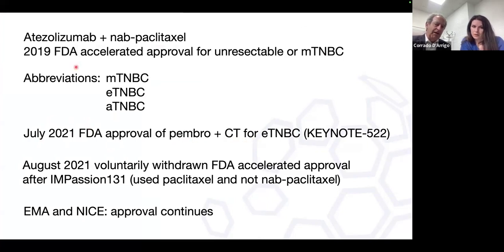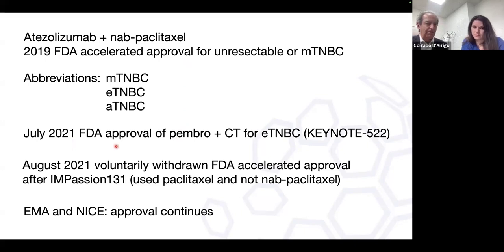But while the approval for Atezo in 2019 was an accelerated approval, they kind of jumped some obstacles doing that. They approved this in accelerated setting because there was nothing else to give these patients, waiting for more robust data from the clinical trial. In the meantime, in July, Pembro received full approval.